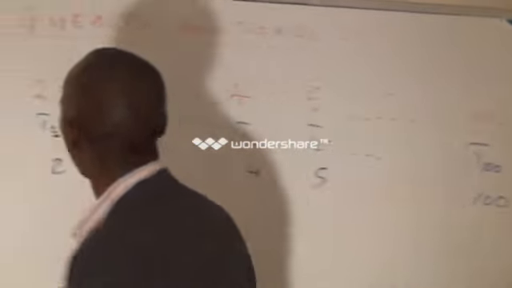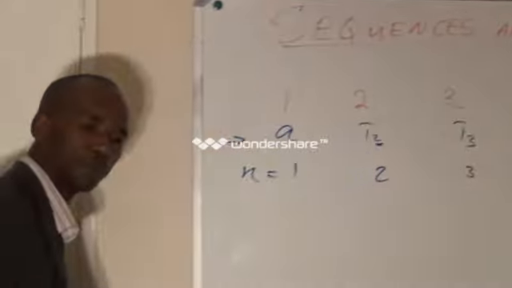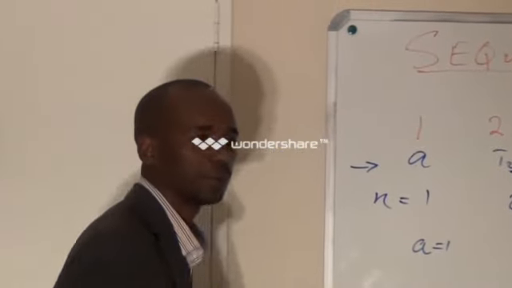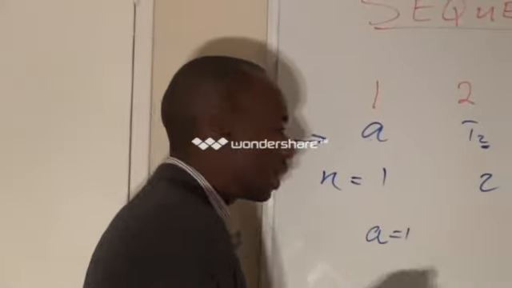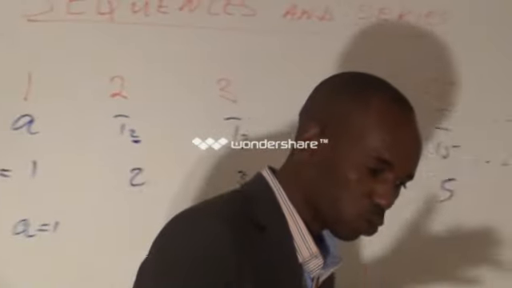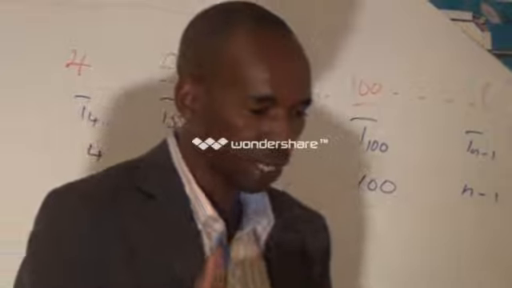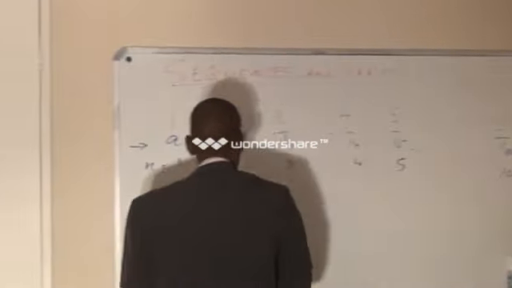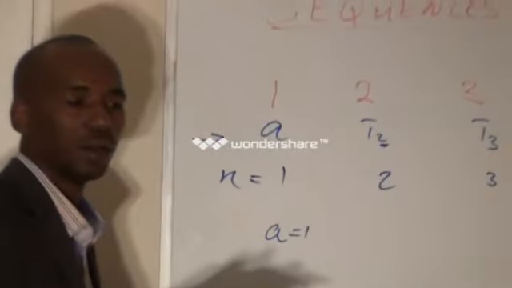How are we going to actually do that? We say, okay, fine. You have said to us your first term T1 is equal to A, which is equal to 1. Happy? And your second term is 2. Your third term is 3. I can see that to get the next term you're always adding 1. So our common difference, D, is equal to 1.